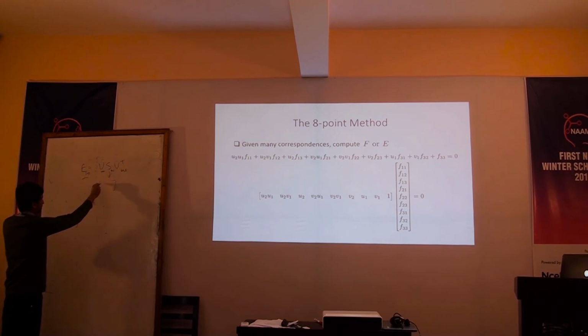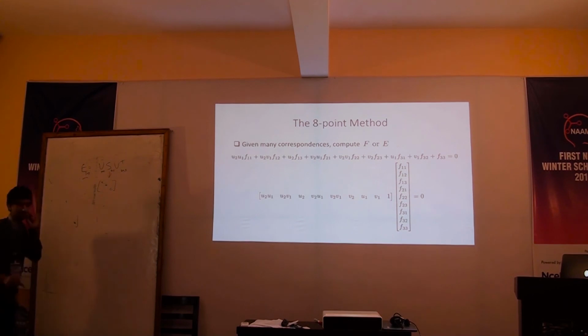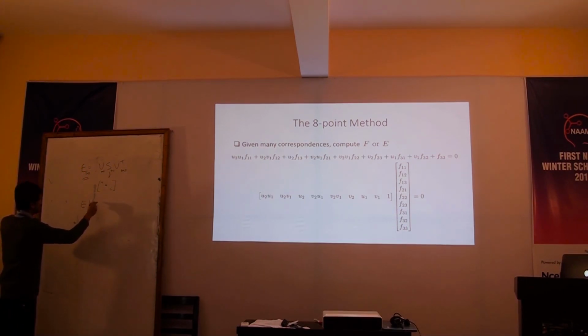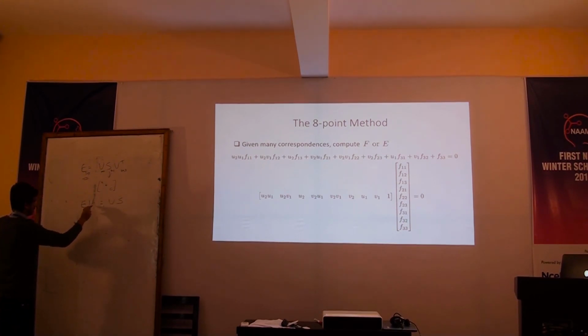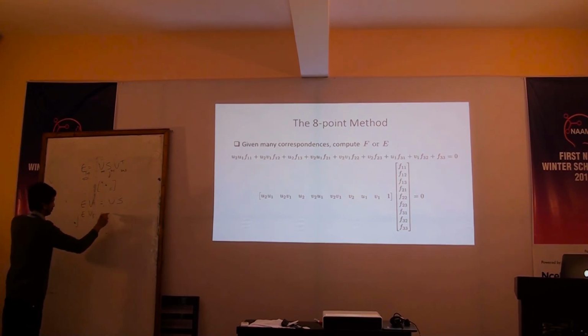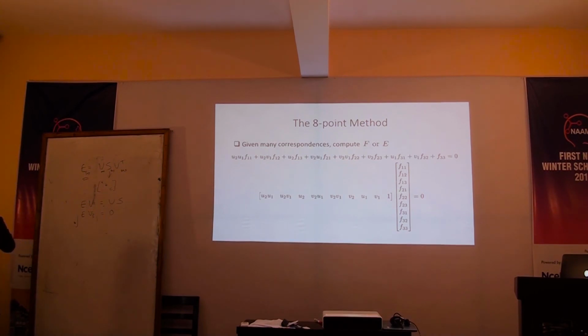The S matrix will be a diagonal matrix with a, b, c. For E to be rank 2, what you should have is E times V3, the last column, should be 0, right? Because the matrix should have one kernel, a non-zero vector.